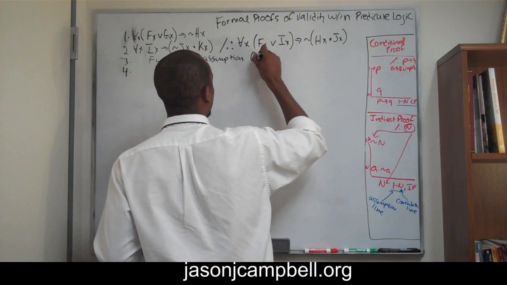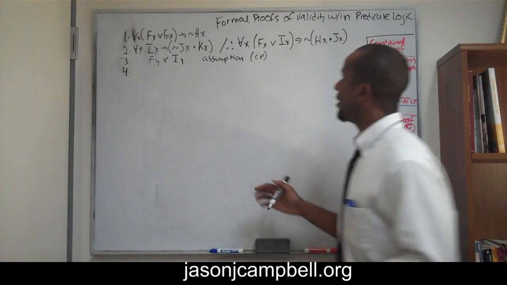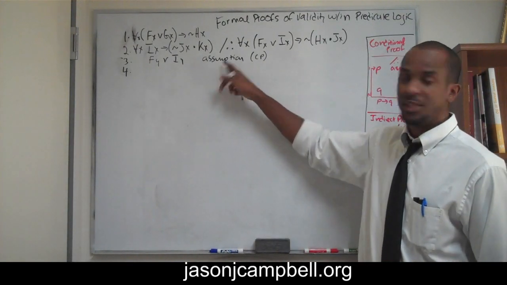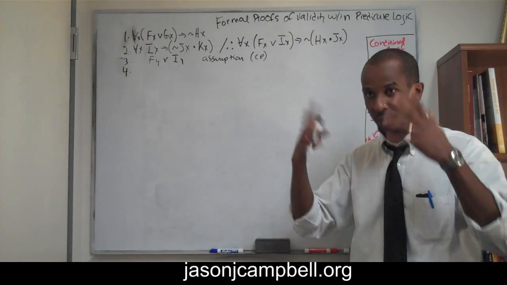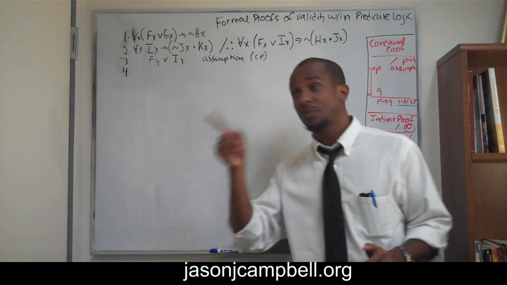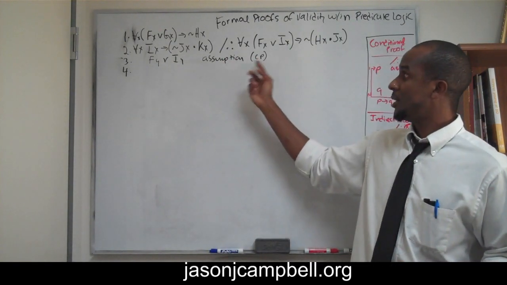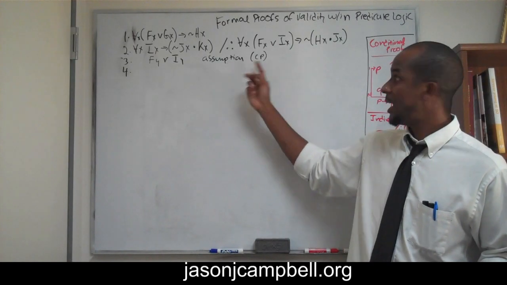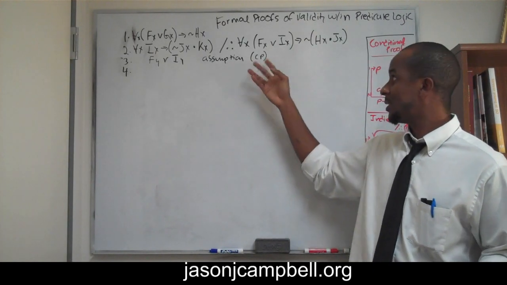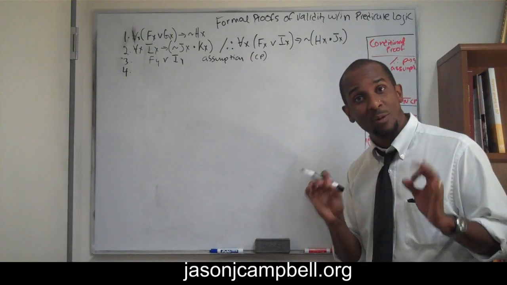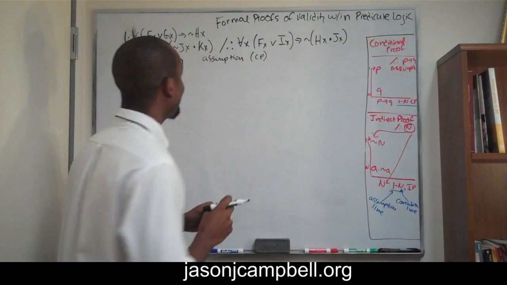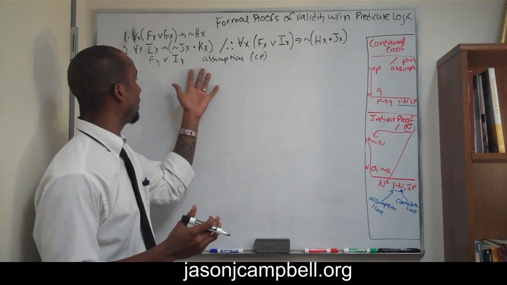For me, I would put CP, a conditional proof that I'm trying to get to. Technically, you should not have this in your solution, but it's good for visual reference: on line 3, I made a conditional proof assumption. Syntactically it's not proper, but it doesn't really matter. This is the ghetto version. So that's my assumption for my conditional proof.